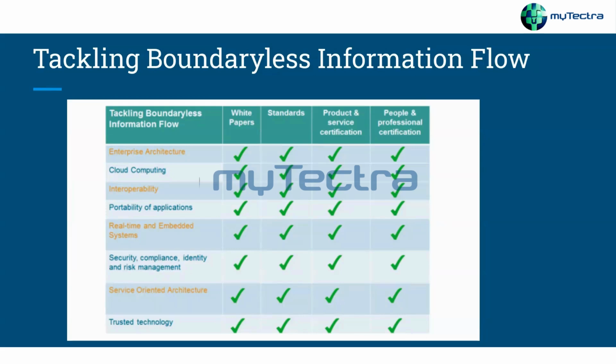First is enterprise architecture, second is cloud computing. These are all called subject areas. For each subject area, it will provide several services. For example, they'll provide white papers, standards, product and service certifications, and people and professional certifications.